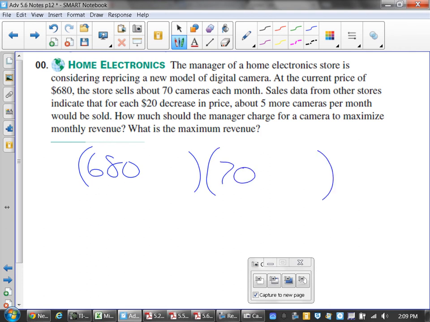For each decrease of $20 to the sale price, what do I write? Minus 20x. You're ahead of me. Did you put the 70 first? Which is fine. Okay. And then if I sell it by $20 cheaper, how many more will I sell? 5x.